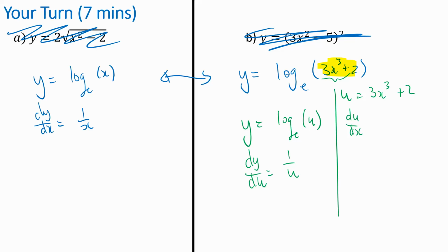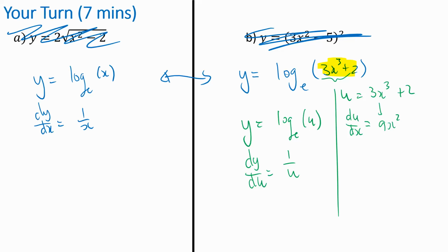So let's use what we learned yesterday. What's the derivative of 3x cubed? 9x squared. So now you can say this is 9x squared. What's the derivative of 2? 0. So if this is delta u over delta x, that's delta y over delta u.